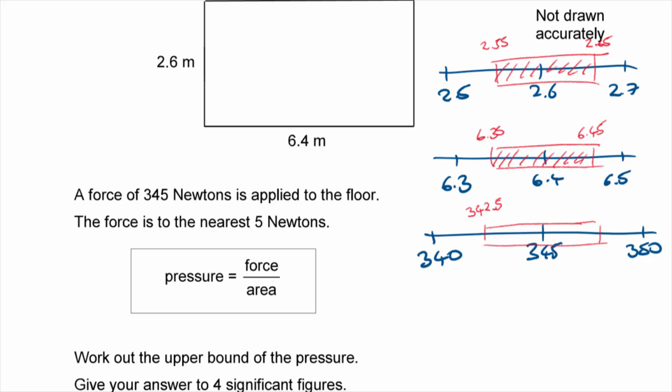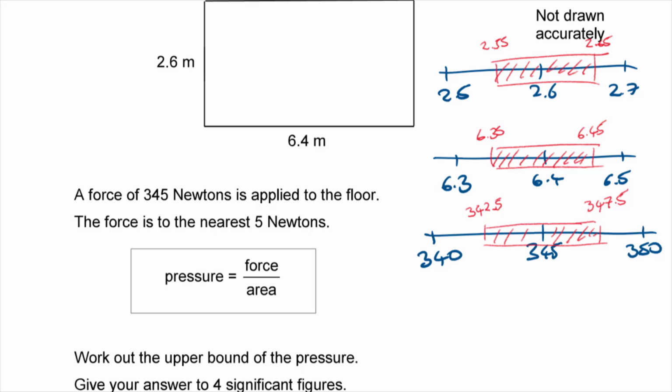The ones that round to 345 are halfway between those values. So 342.5 is the lower bound and 347.5 is the upper bound. Now I've got all my maximum and minimum possible values.